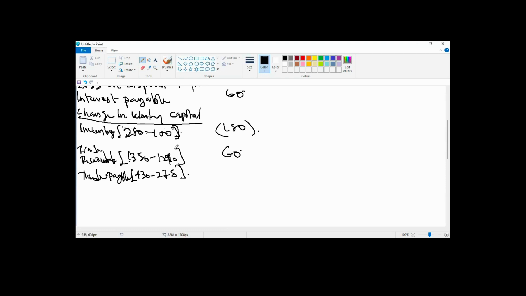Inflow or outflow? I disagree. It's an increase in liability, so it's a cash inflow. More liability, more money. Inflow of 155.